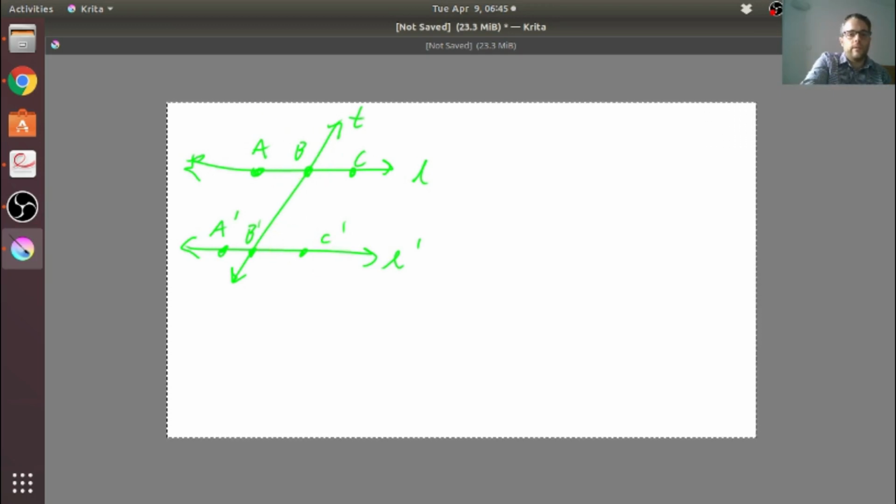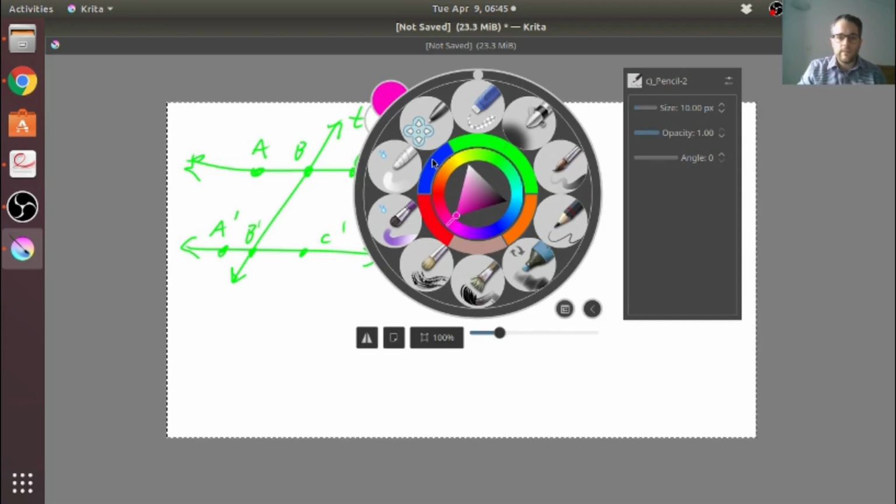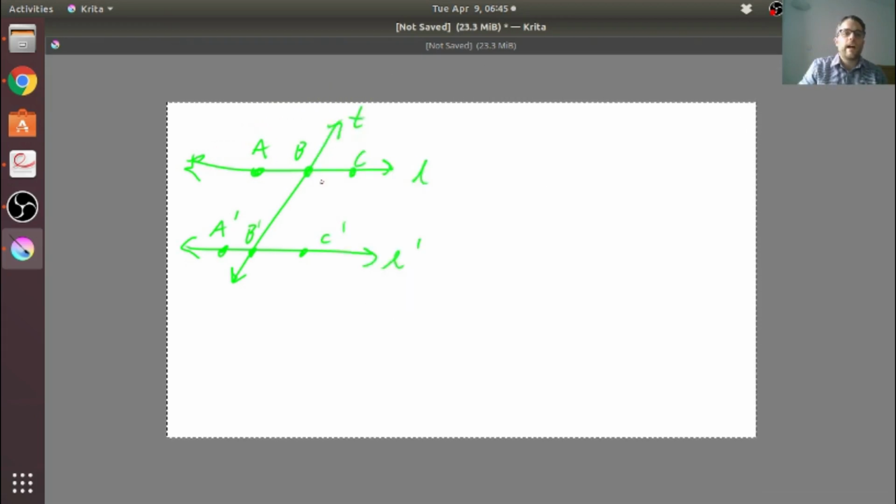Sorry, I didn't even say interior. Interior angles are just what we call this one, this one, this one, and this one. These are the four interior angles. And then we have pairs of alternate interior angles. Non-alternating interior, I don't know if I officially define those, but it just means the interior angles that don't alternate.